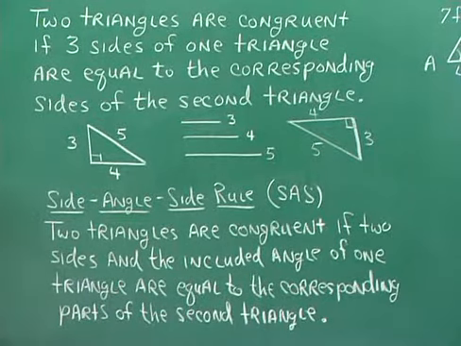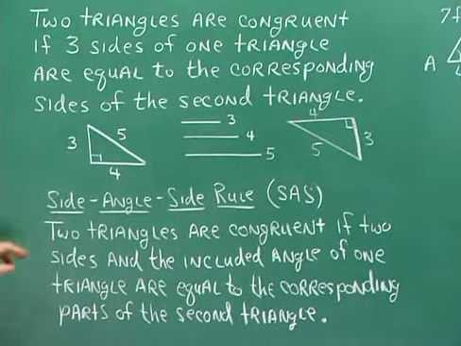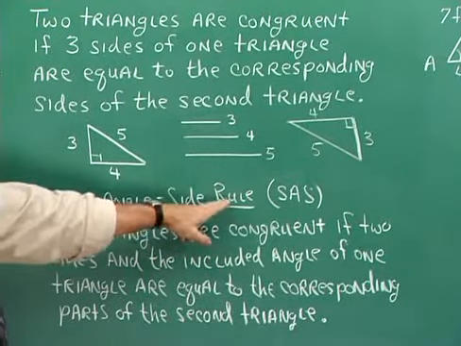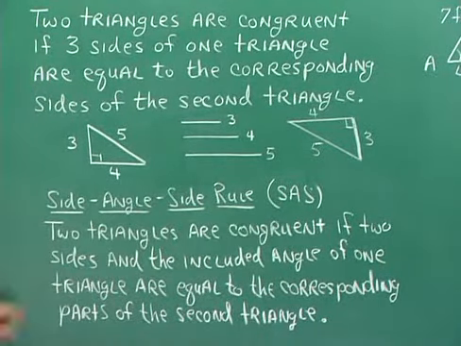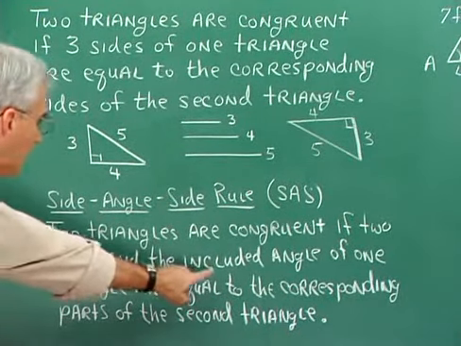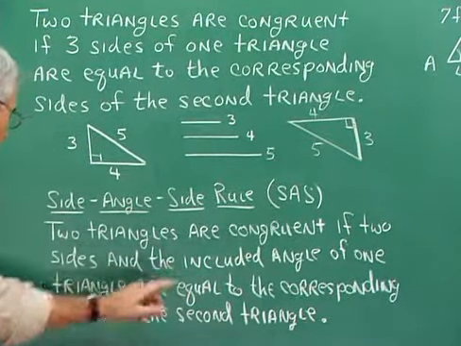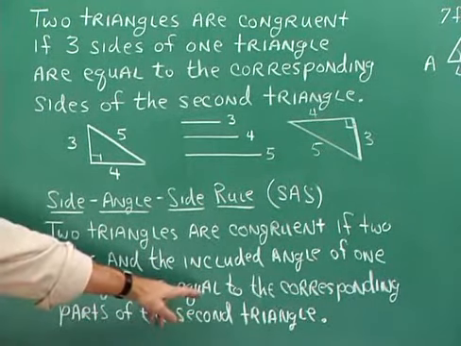All right, here's another rule that's used to show that triangles are congruent. It's called the side angle side rule, and it's abbreviated SAS. Two triangles are congruent if two sides and the included angle of one triangle are equal to the corresponding parts of the second triangle.